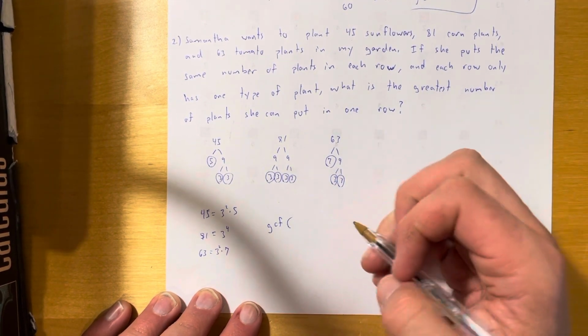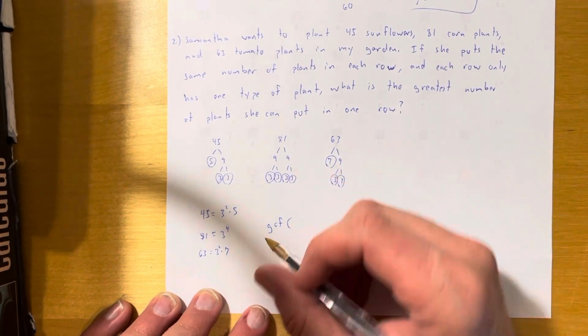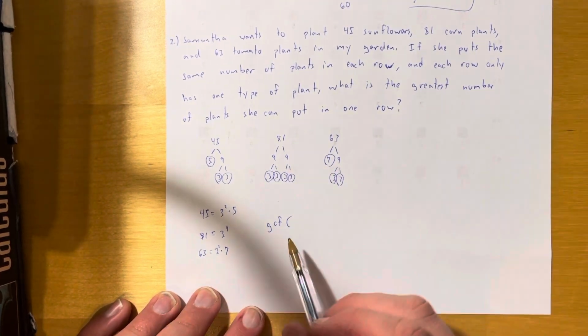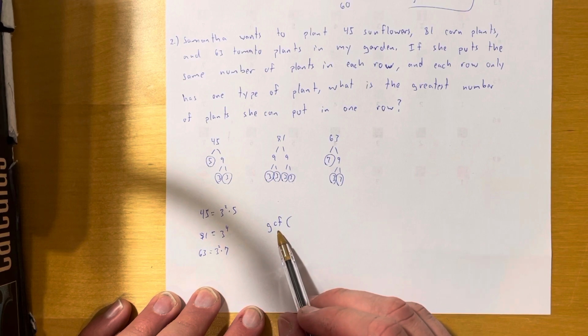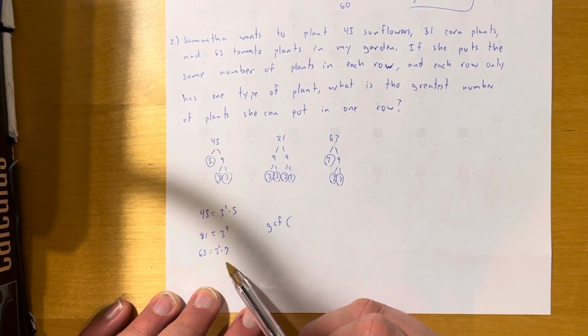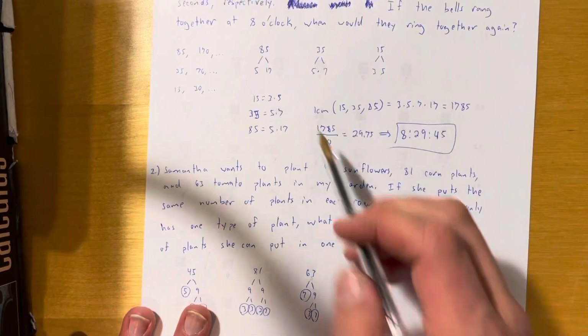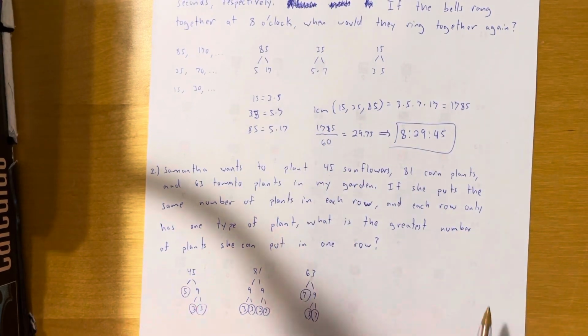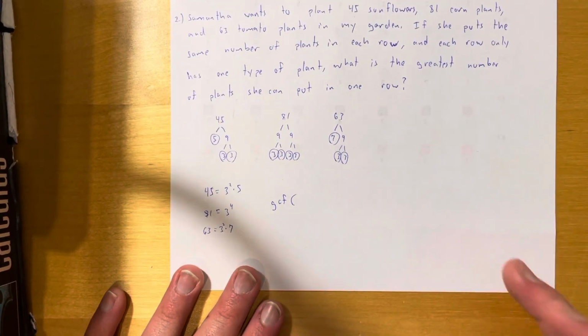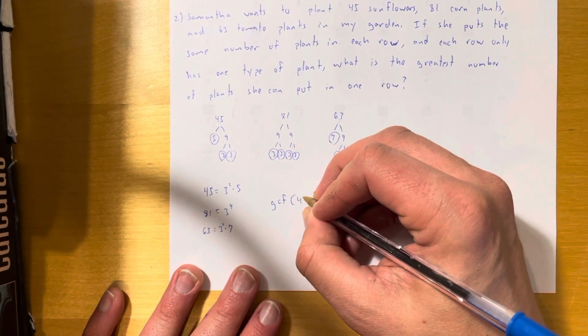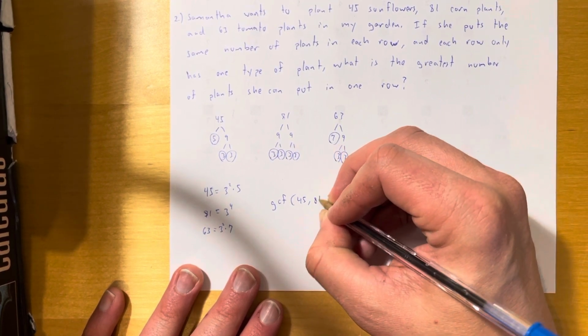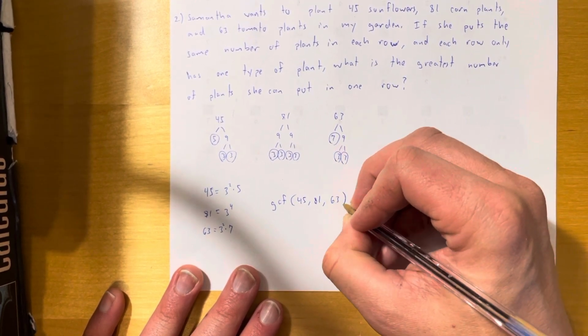We're looking for the smallest power of each prime that appears. And not only that, if we're going to use any primes in our product to come up with this GCF, they have to appear in all three of these. Unlike LCMs, where they need only appear in at least one of those prime factorizations. So this is the GCF of 45, 81, 63.